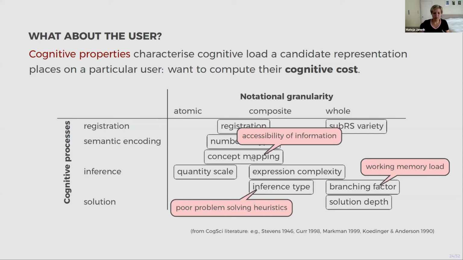If the concepts were difficult to map because they are complex, then the information that they encode would be difficult to access for a particular user. So again, this would place a higher cognitive load on the user, depending on their level of expertise.